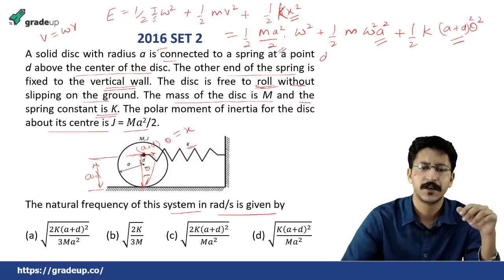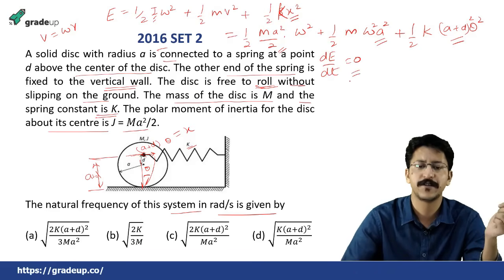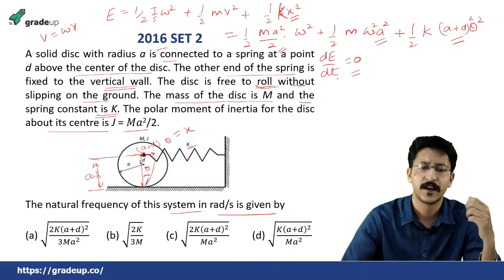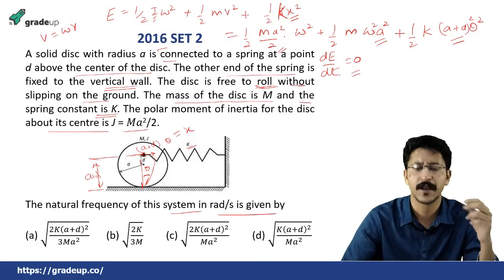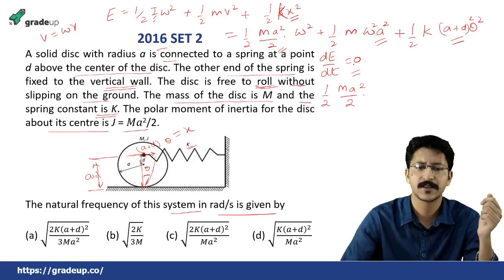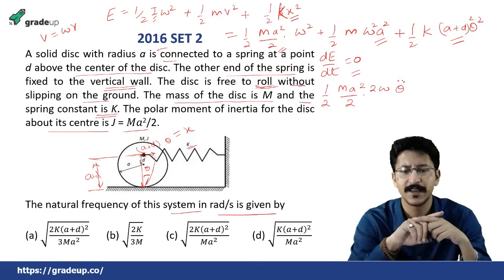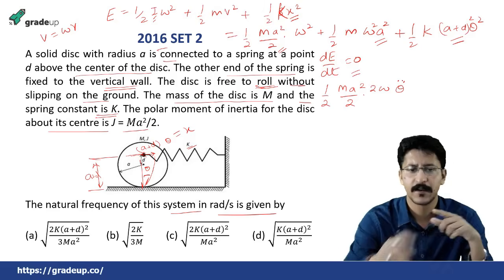Now dE by dt equal to 0. This is the energy method that we use, because there is no friction, so we can differentiate energy with respect to time and make it equal to 0. So what will happen here? Half, this ma square by 2 will remain like this. This will become 2 omega d omega by dt, that means it becomes theta double dot, because d omega by dt is alpha, and that can be written as theta double dot.